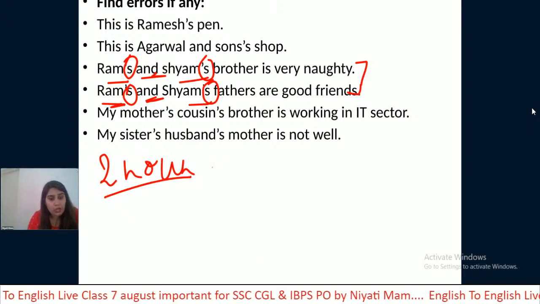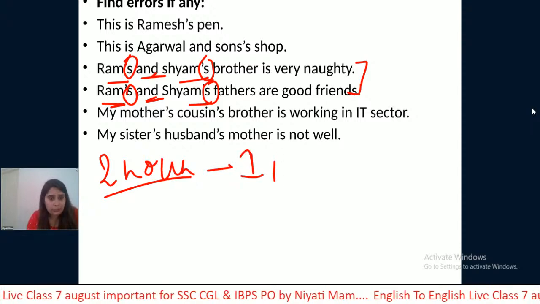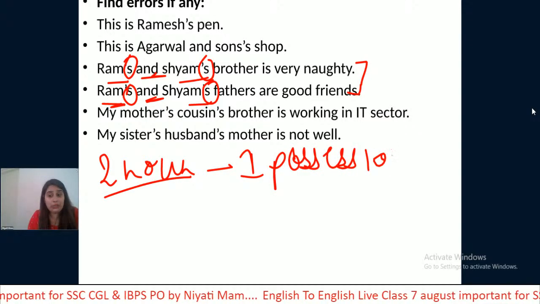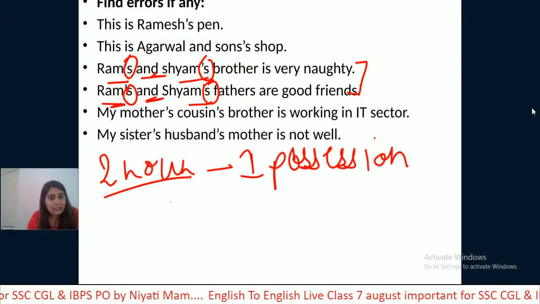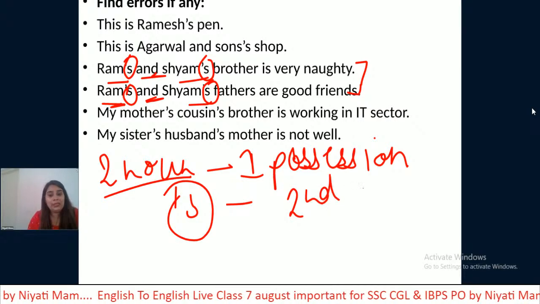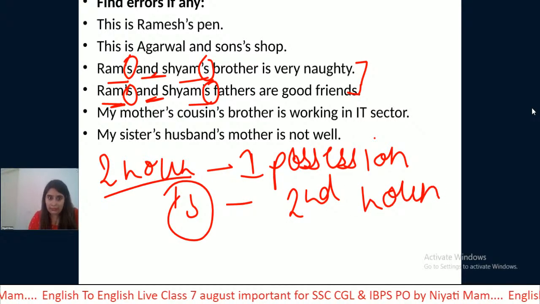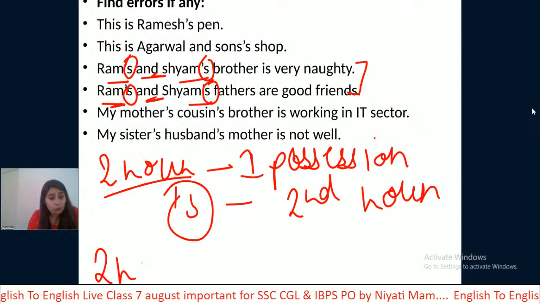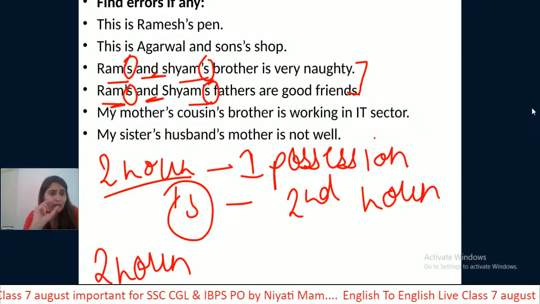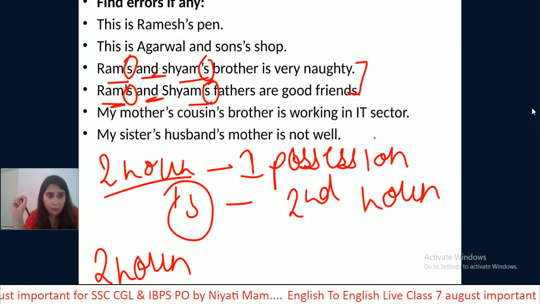If there are two nouns and both the nouns have a single possession, then in that case, only put apostrophe s with the second noun. One thing: if there are two nouns joined with "and", because we already know that with adjacent nouns, both the nouns cannot have apostrophes.